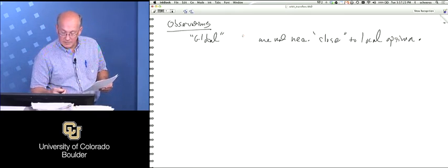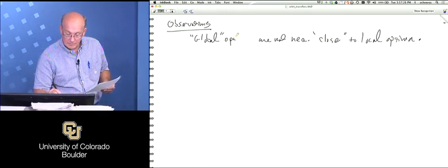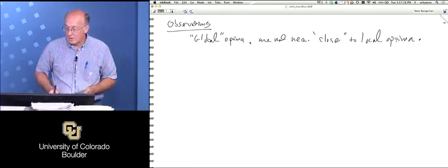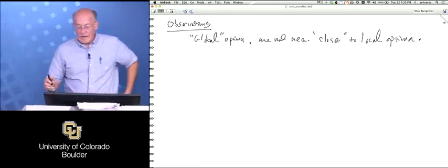And let me change this to global optima. So we go back to this chart.